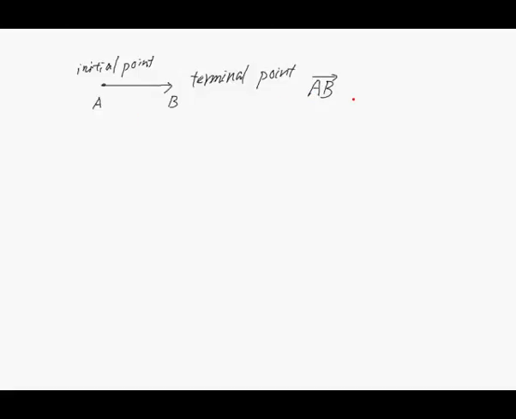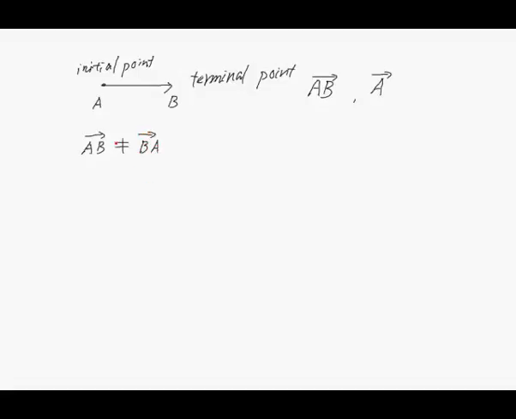And sometimes we may just use a single letter with one arrow over it to indicate a vector. So this is the notation of the vector. And you need to watch out: vector AB is different from vector BA.